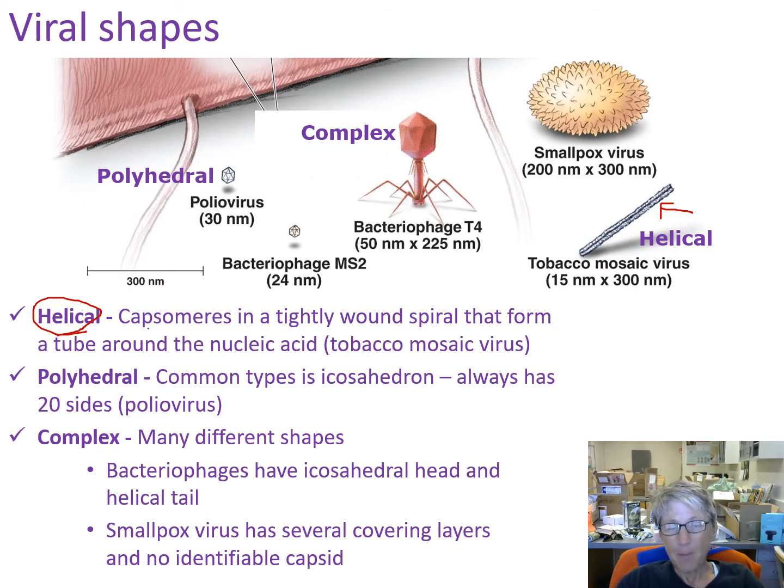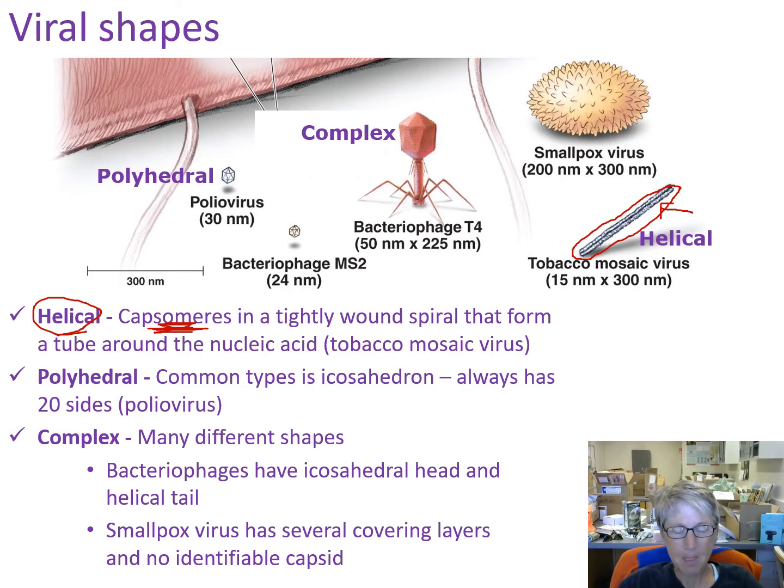The capsomeres, remember those are little protein subunits, are in a tightly wound spiral that form a tube around the nucleic acid. So the ones on the outside of this tobacco mosaic virus are the capsomeres. And then inside, it doesn't show it in the cartoon, but if you looked inside, you would find the nucleic acid of the virus.